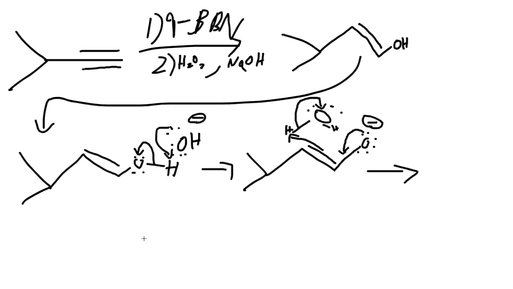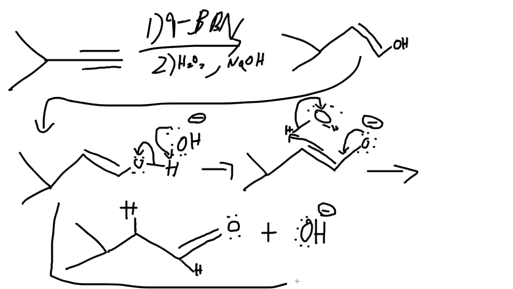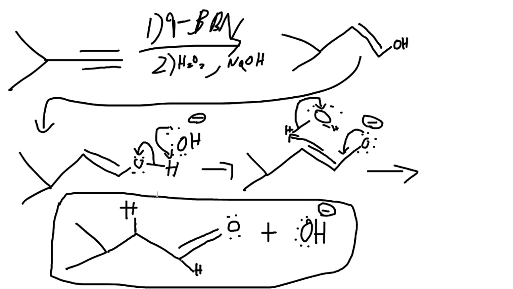So our final product would be, this hydrogen is always here, but I'm going to show it to indicate the aldehyde, and the hydrogen that was grabbed from here is now on the carbon that has the most substituents, like this. And also we had made the hydroxide ion from the product. So our final answer would be an aldehyde plus an OH group.